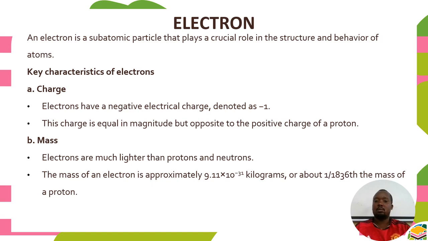But the electron is denoted -1. So this charge is equal in magnitude but opposite to the positive charge of a proton. So in terms of size, in terms of magnitude, an electron is always equal. But the main difference is that a proton is positively charged while an electron is negatively charged.